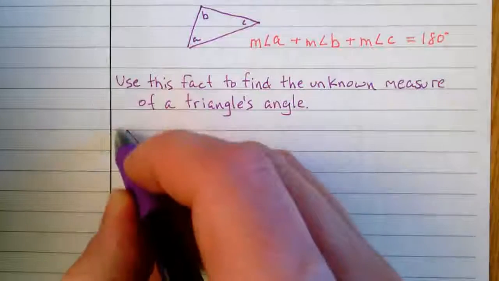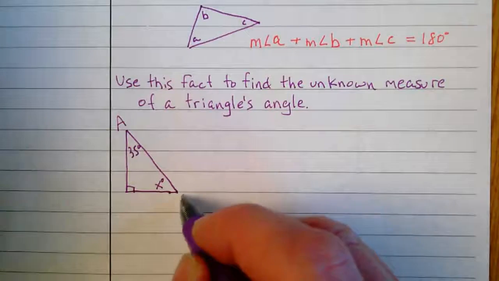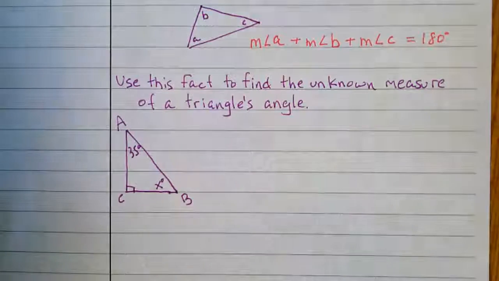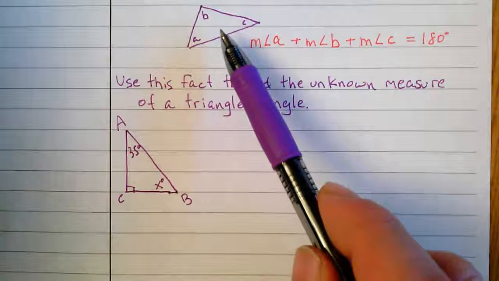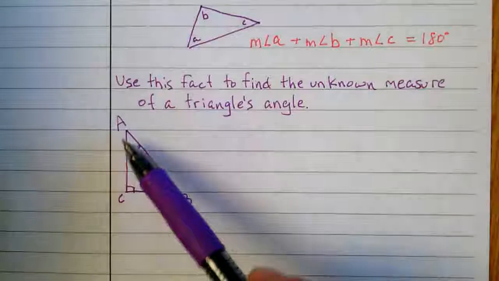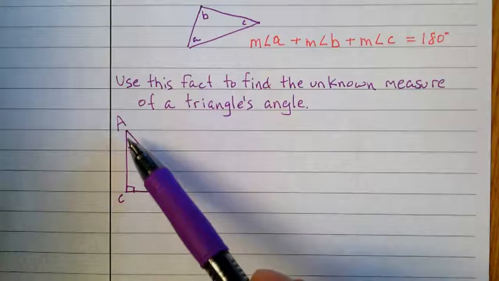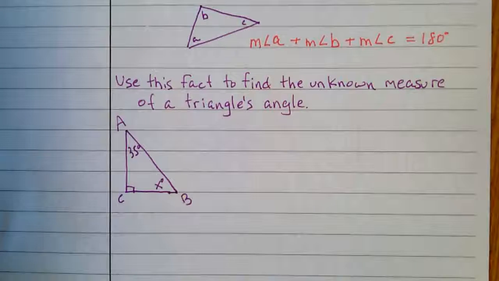We'll label our vertices A, B, and C. Notice up here the A, B, and C are actual angle names, and here, the A, B, and C are vertex names, but we can also use them as angle names.